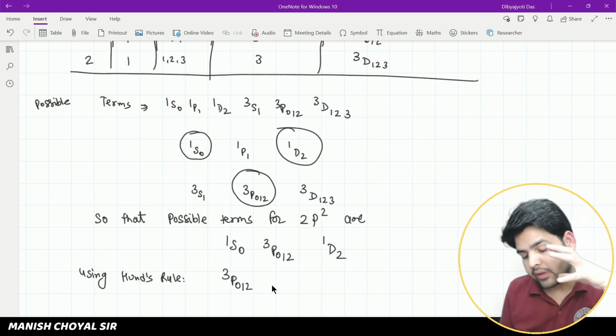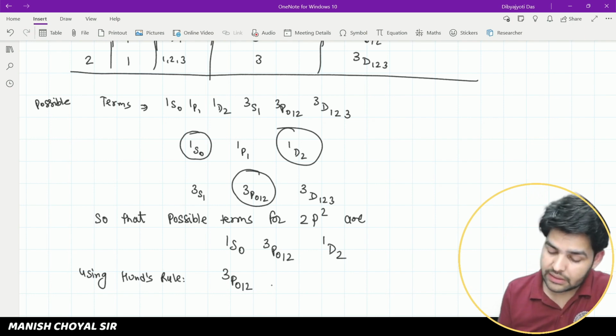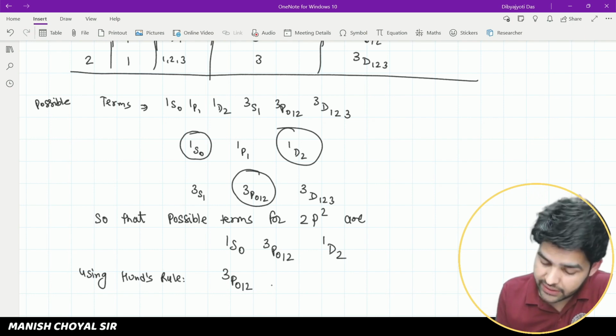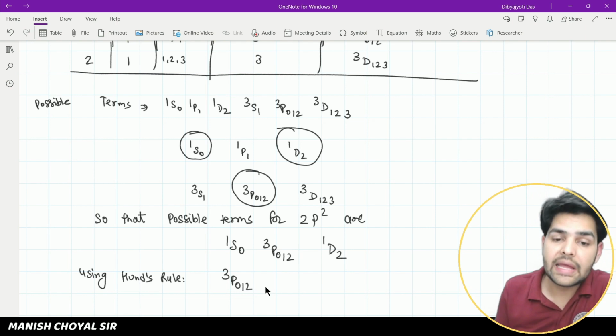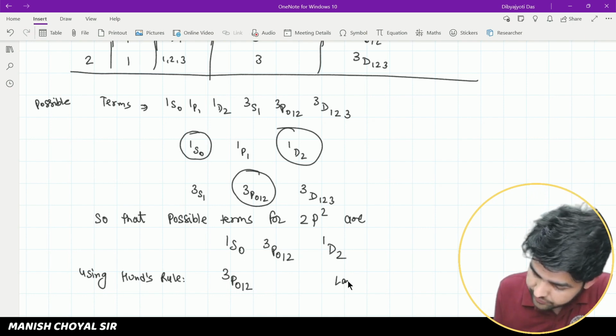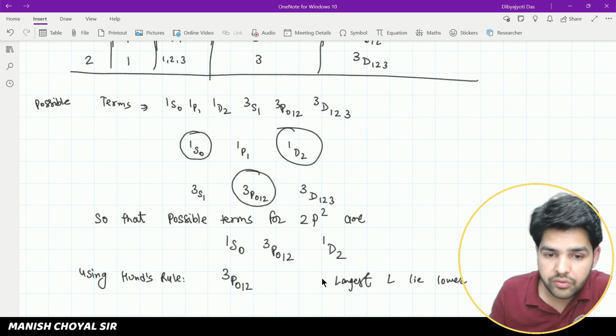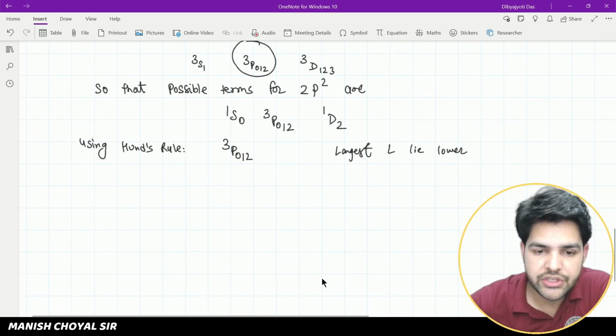largest multiplicity lies lower. So the largest multiplicity is 3p012. Okay. Now if we have more terms having the same multiplicity, in that case we can choose the L values. So largest L lies lower, but L is also the same, so we move to the J values.